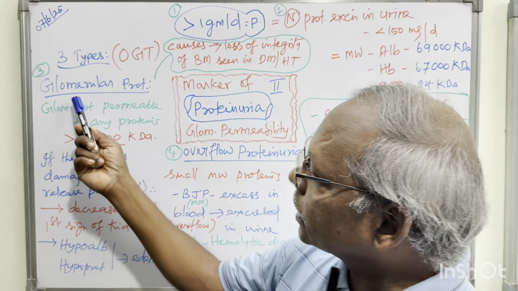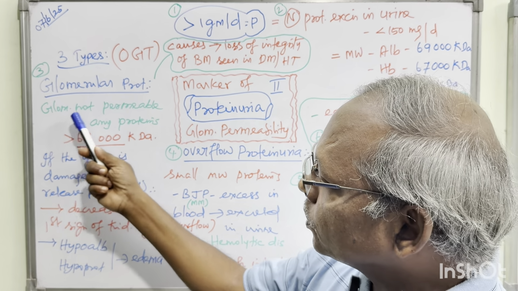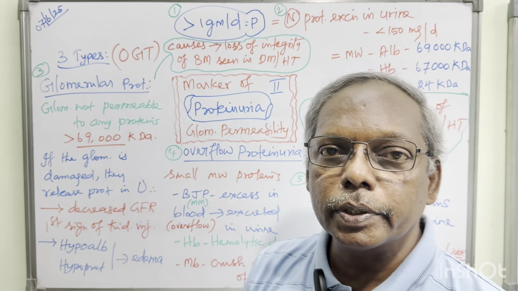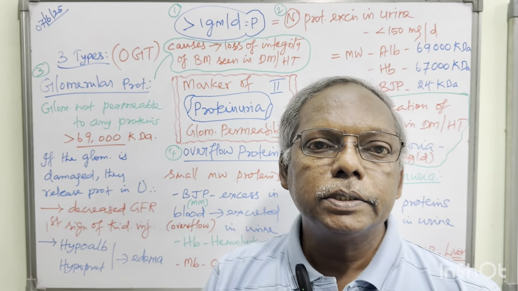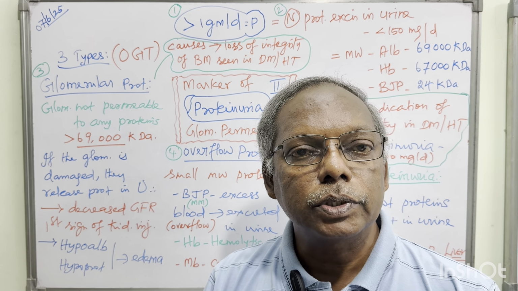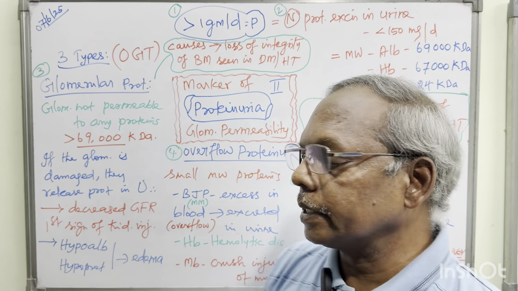The first one is glomerular proteinuria. Here the glomerulus is not permeable to proteins if the level is more than 69,000 dalton. If it is less than that, they will automatically get excreted.